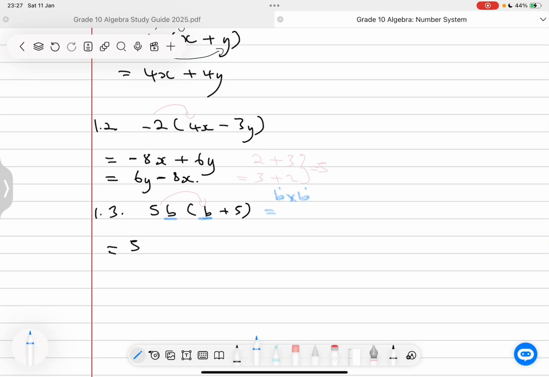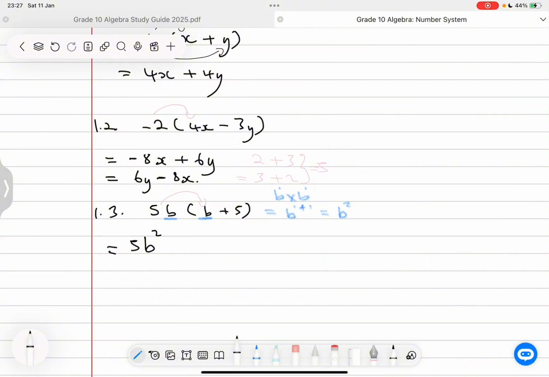Our laws of exponents from grade 9 say that we keep the base, we add the exponents. So that now I'm going to have 5b to the power 1 plus 1, which is 2. This is going to be b squared. So this means here we're going to have a b squared. Right?